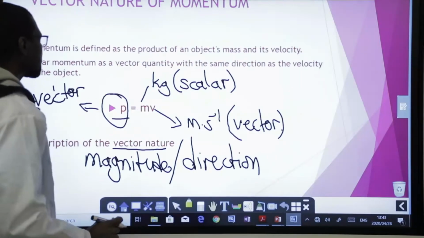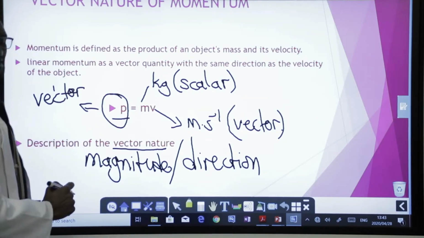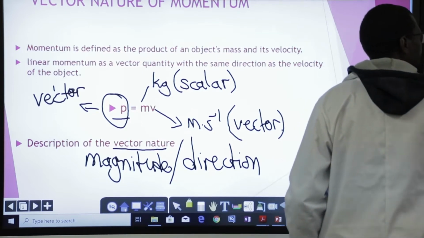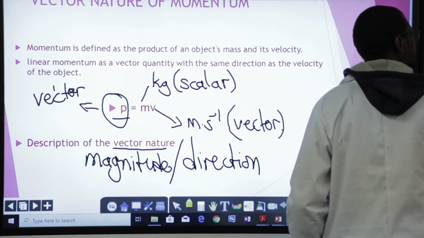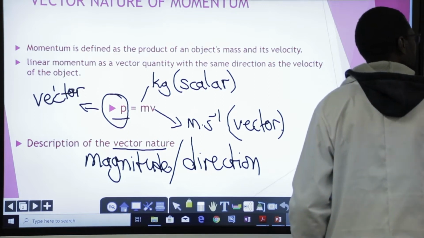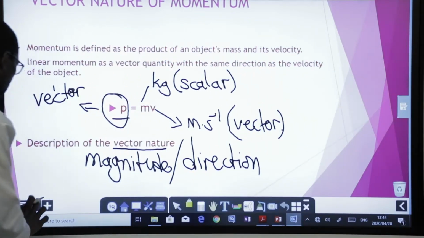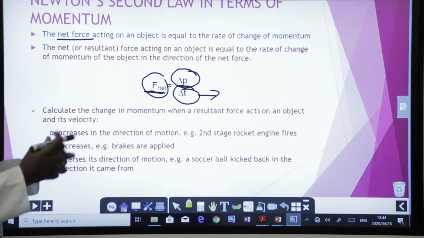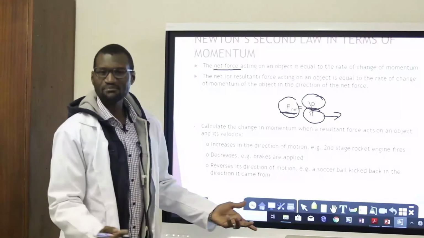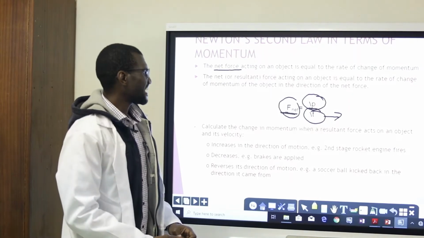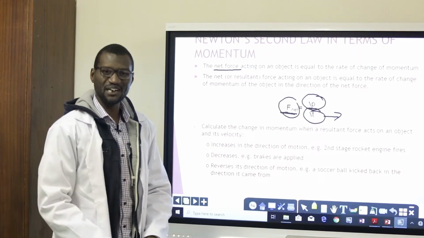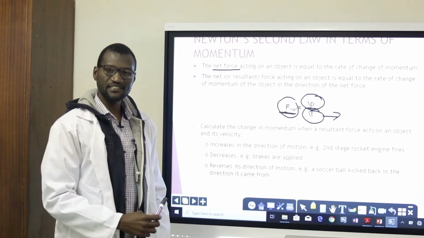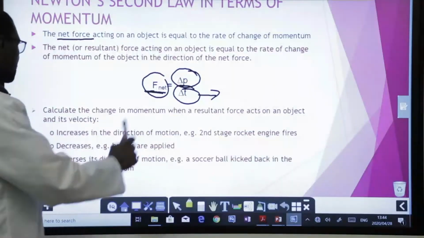If you go back, what's m times v? Momentum, right? So the rate of change in momentum relates to F net. So that's where we come up with Newton's second law in terms of momentum. Look at it again, think about it, you'll realize how easy it is to come up with this concept. F net is equal to change in momentum divided by change in time.